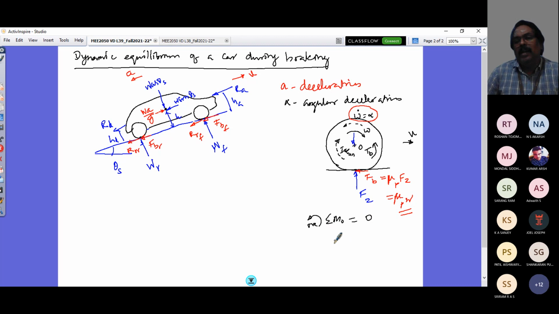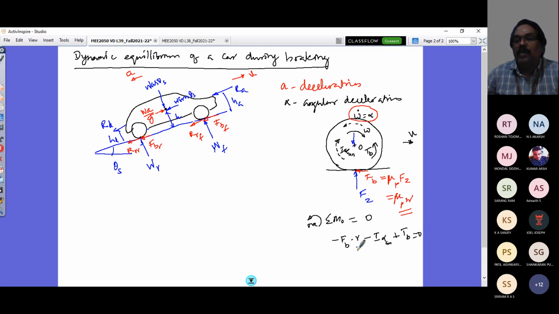Then it is minus FB into R, and I have minus I alpha, the inertial couple, which is clockwise, and plus TB, counterclockwise, and these three couples are equal to 0.